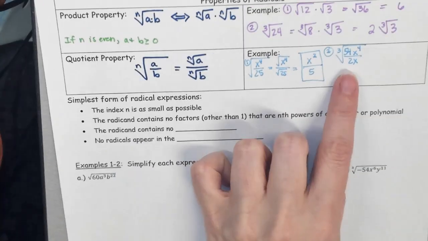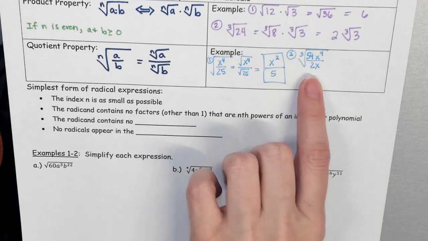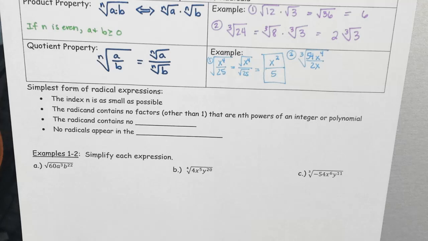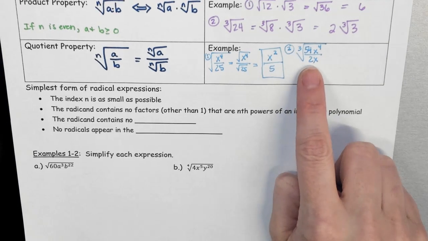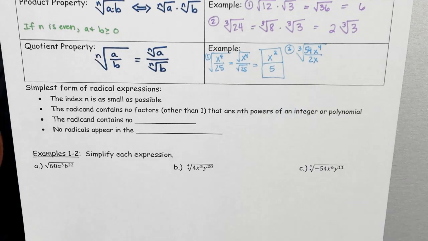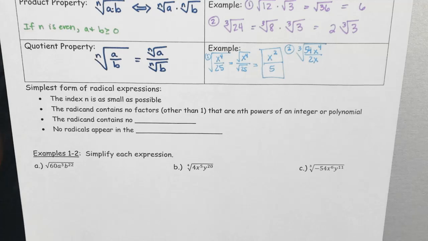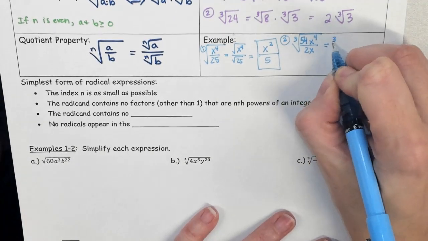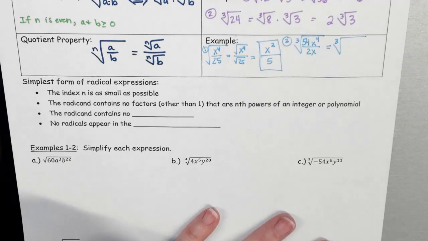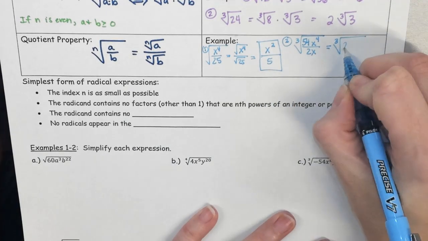Okay? Now for number 2, this is a case where you can do this a few different ways. Okay, this is the cube root, and I know if I split it up into the top and the bottom, I would have to rationalize. That is something that we're going to talk about today. But you could also simplify to start, because what's 54 divided by 2? 27.